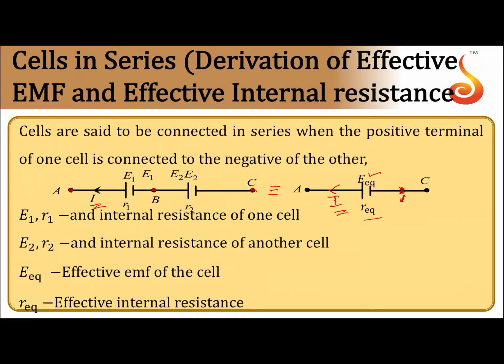Now if we consider the terminal potential difference between the ends of the first cell, the terminal potential difference across the first cell is VAB, that is equal to VA minus VB, that will be E1 minus I into R1.